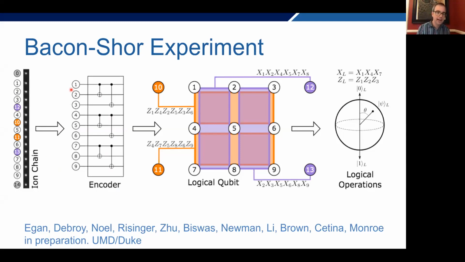So that's 9 ions. And then we have 4 additional ions for 13 total ions, which we use as the syndrome qubits to check these only 4 stabilizer generators we have. And then, of course, we're interested in things like logical operations.